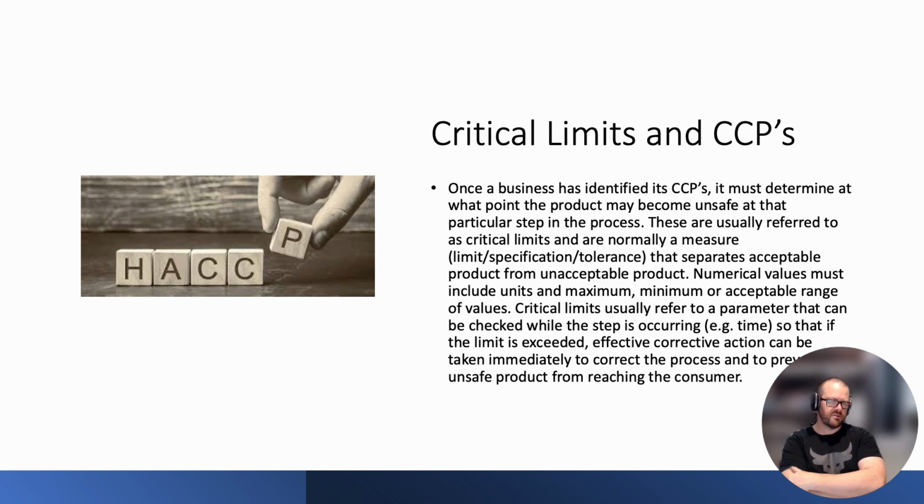Critical limits usually refer to a parameter that can be checked while the step is occurring, for example, time, so that if the limit is exceeded, effective corrective action can be taken immediately to correct the process and to prevent unsafe product from reaching the customer. So that talks about the information that I was talking about before about the fridge.